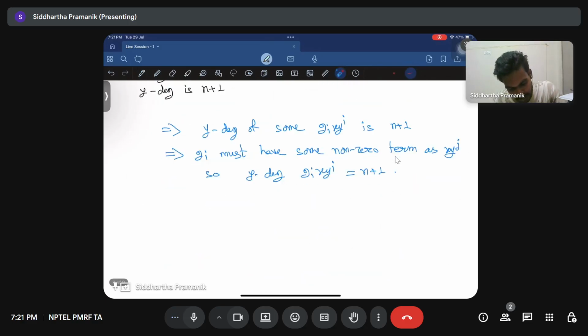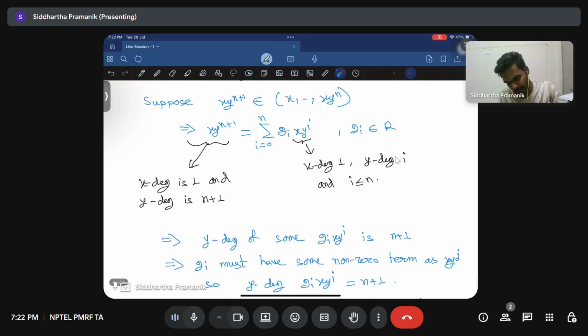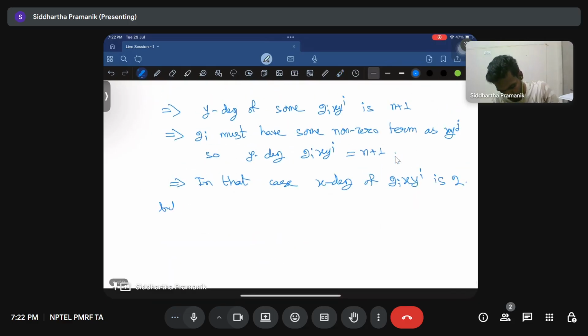But in that case, it involves one more x also. So the x degree of g_i x y^i is, here you are getting one more x, and here you have one x, so it is 2. But in the left hand side, the x degree is 1. So this is a contradiction.